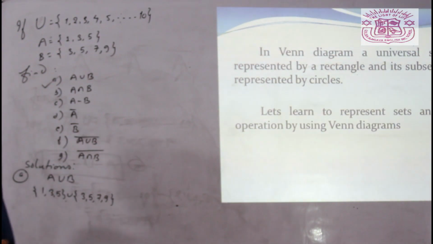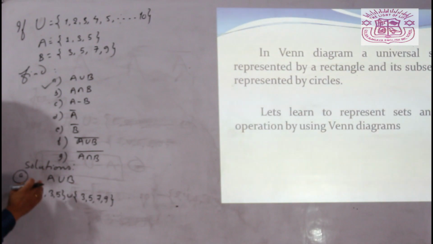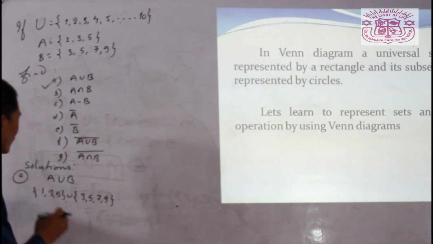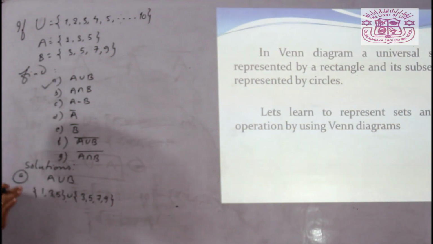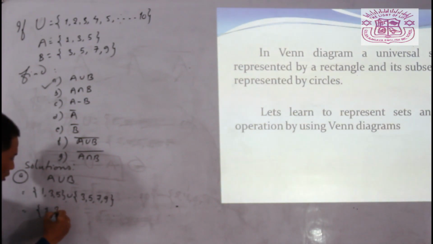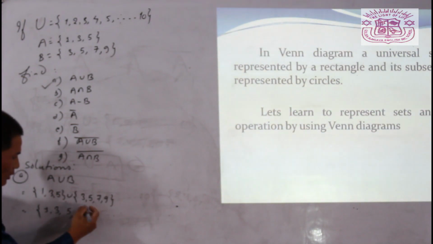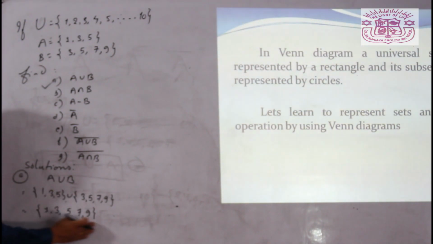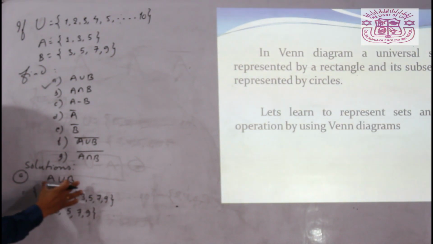And as we have already discussed, A union B means we write all the elements of A and B without repeating. 1, 3, 5, 3 and 5 already written, right? So we don't write again. 7, 9. So 1, 3, 5, 7, 9. These are the elements of A union B.